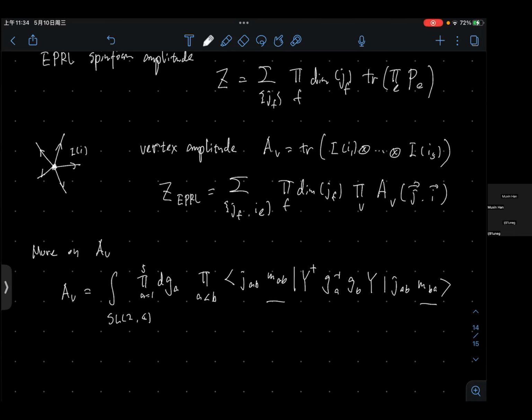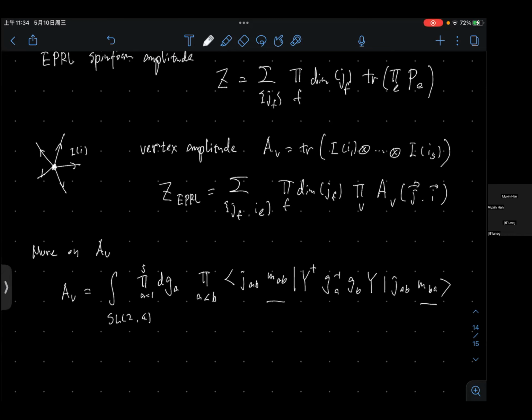So there are 2 SU2 states associated with the face labeled by A and B. So you first have the states, you use the Y map to embed into SL2C, and then you use SL2C group elements to transform these 2 states independently, and then make a contraction, making the inner product. And then you integrate over all the group elements to make the group average to get intertwiners.